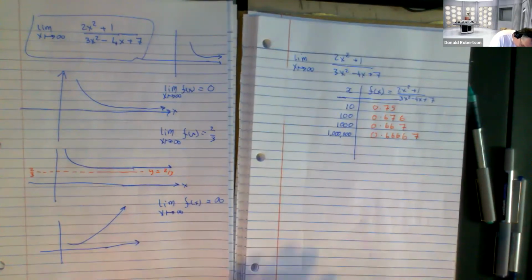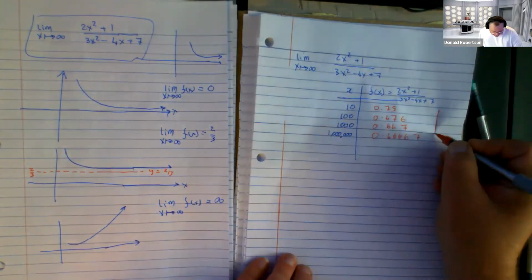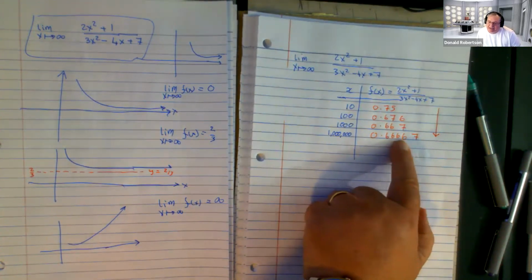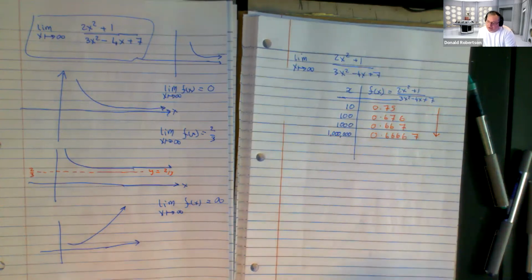As you get bigger and bigger values, would you agree that this function is getting closer to one particular number, right? It is leveling off, isn't it? And I guess you could say it's leveling off to 0.66667, but let's do a conjecture, right? Let's do a sensible guess. What fraction do you think that is?